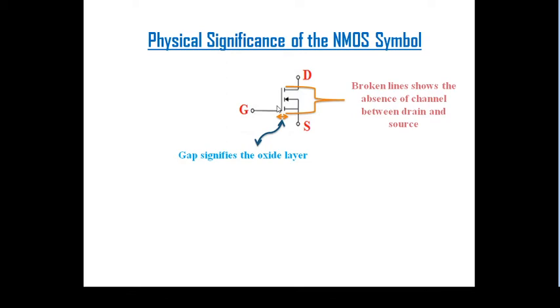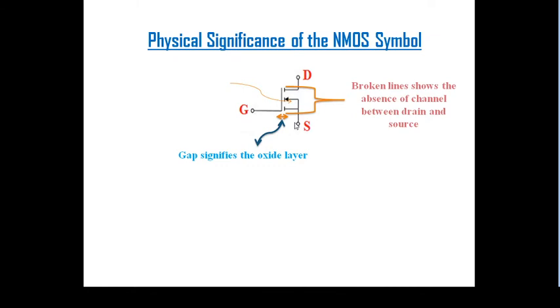Next, what does this arrow show? We are making this NMOS region in our p-type substrate, and we are inverting the upper surface of the p-type substrate to n. So there is a flow from p to n, and current always flows from p to n.